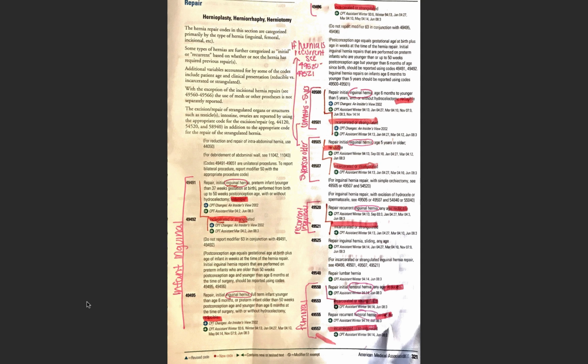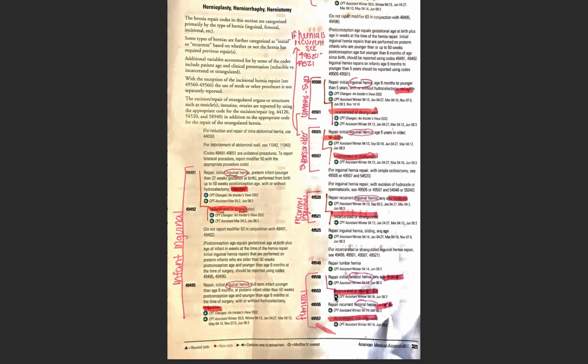49520, 49521. I put a note next to the inguinal hernia that says if hernia is recurrent, you see 49520, because you can skip over this because this recurrent one does not go by age. And it's important that you code this even if it's a 4-year-old if it is a recurrent inguinal hernia.